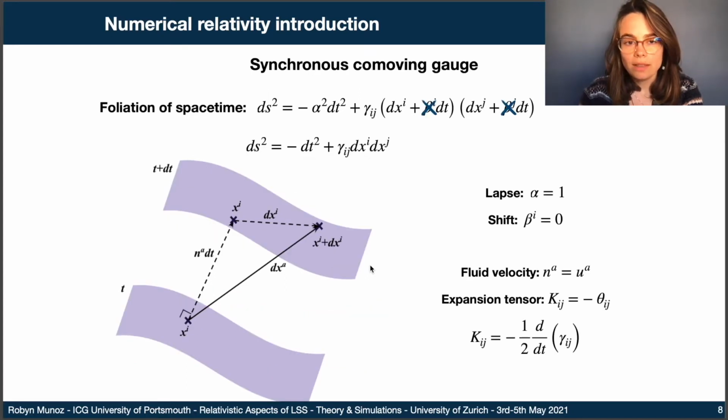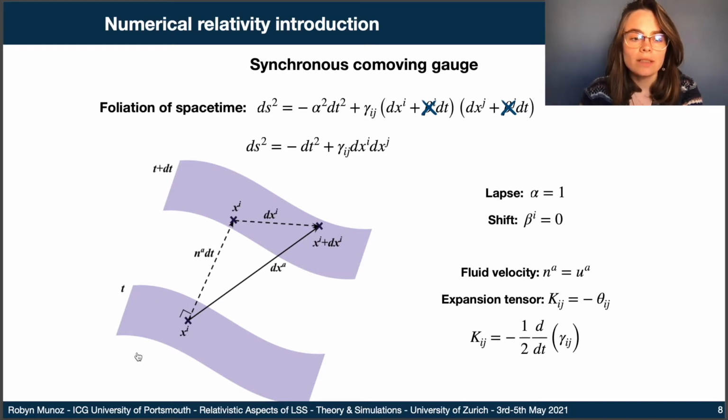What I presented is the more general case, when actually I use the synchronous comoving gauge. This means that the lapse is 1 and the shift is 0. So this simplifies the line element as such.